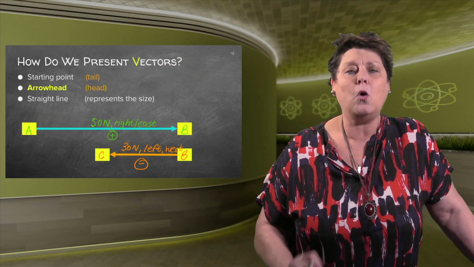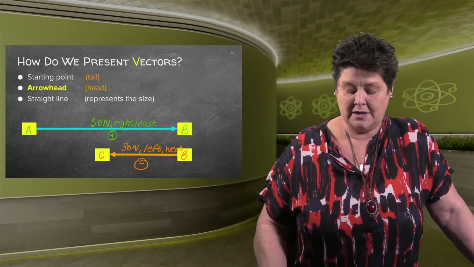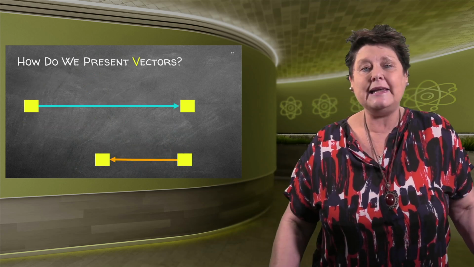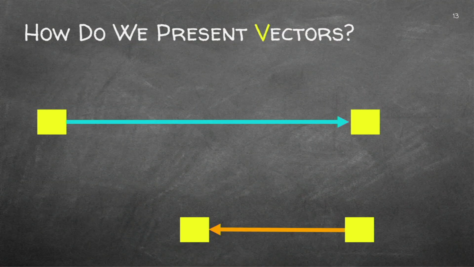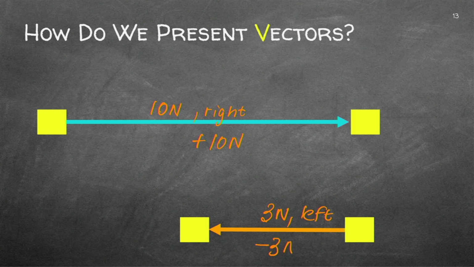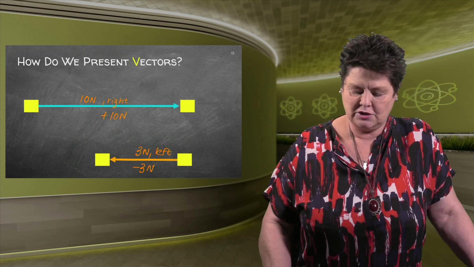Important that you always indicate vectors with an arrowhead and that you clearly indicate which direction. Let's quickly revise. I've got 10 newtons to the right. I can always say 10 newtons positive. And I've got 3 newtons to the left, which is now minus 3 newtons. You are going to use this in your calculations.